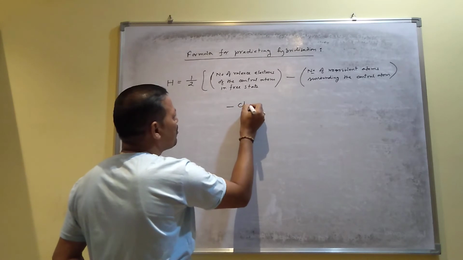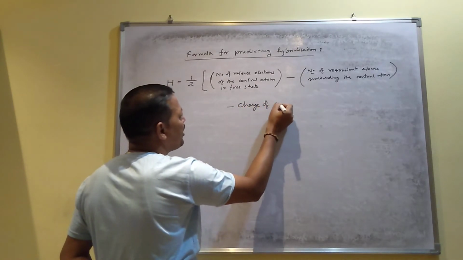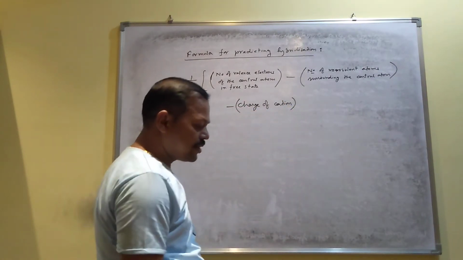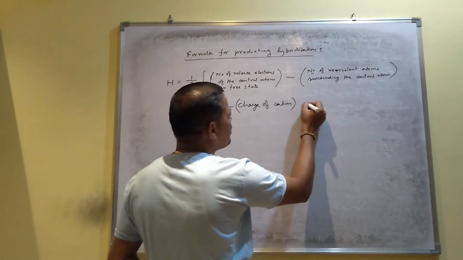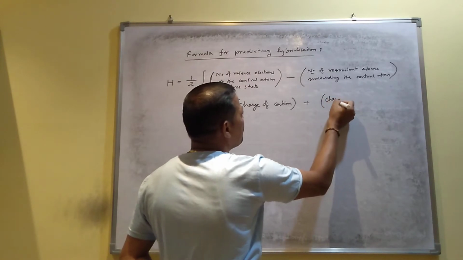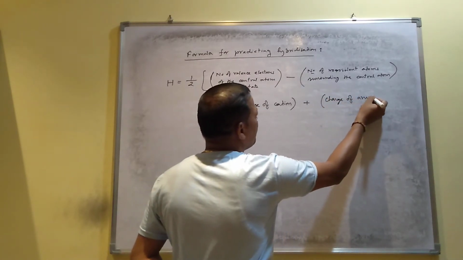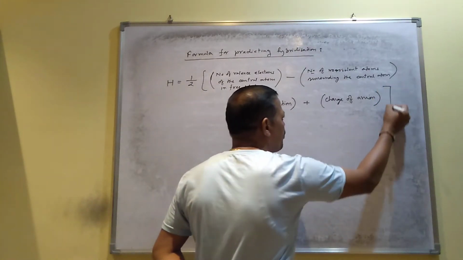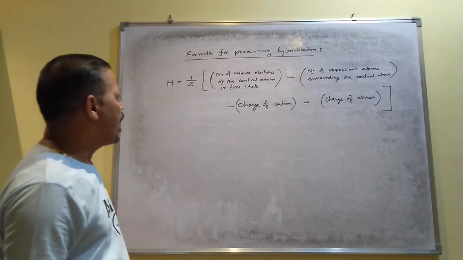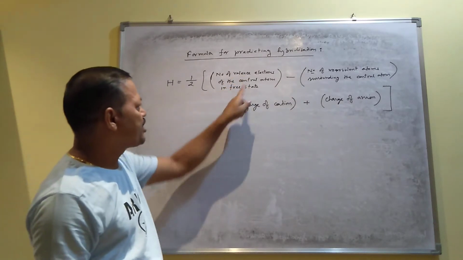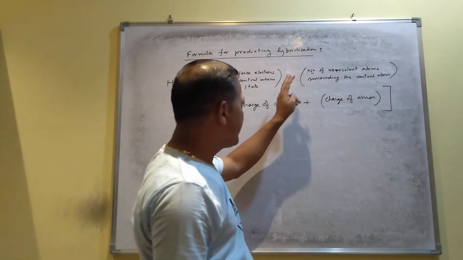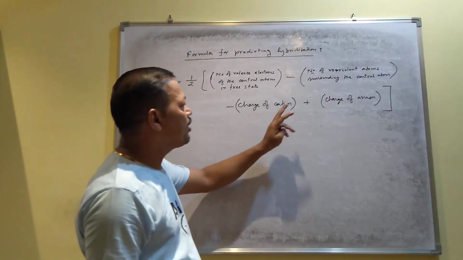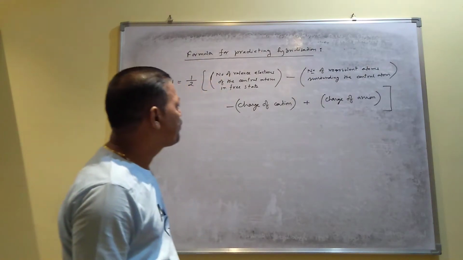Number of monovalent atoms surrounding the central atom, minus charge of cation, plus charge of anion, and the square bracket you have to close here. I mean half of the number of valence electrons of the central atom in free state, minus number of monovalent atoms surrounding the central atom, minus charge of cation plus charge of anion.